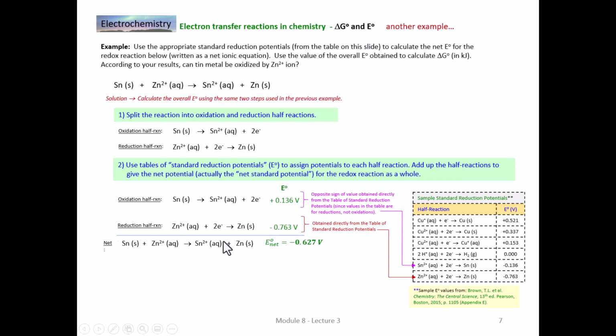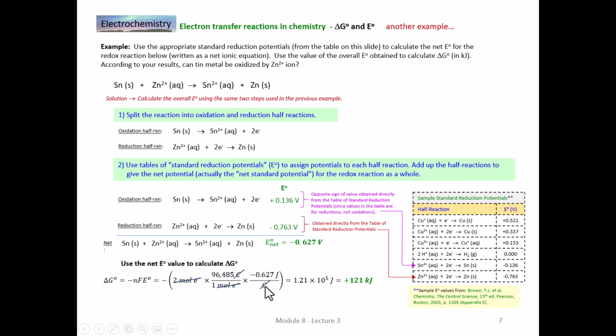We can reinforce this by using this potential to calculate a free energy change. When we do that and realize that, again, n equals 2 here for this reaction, there's 2 electrons transferred. Faraday's constant is 96,485 coulombs per mole. The net overall potential was negative 0.627 joules per coulomb.